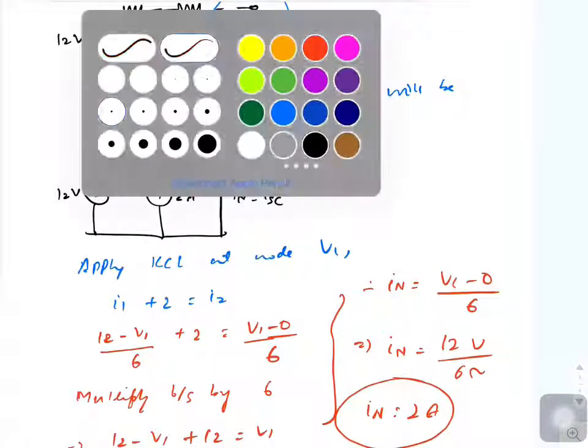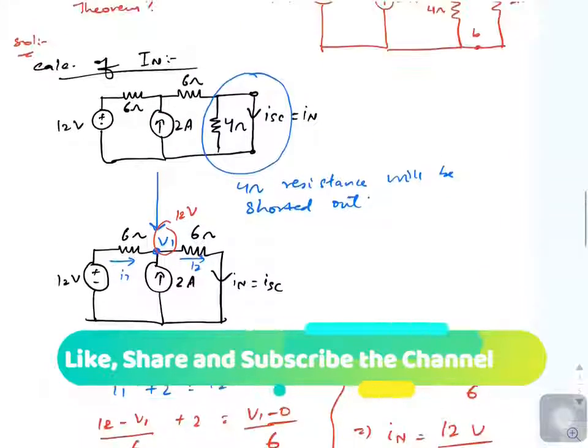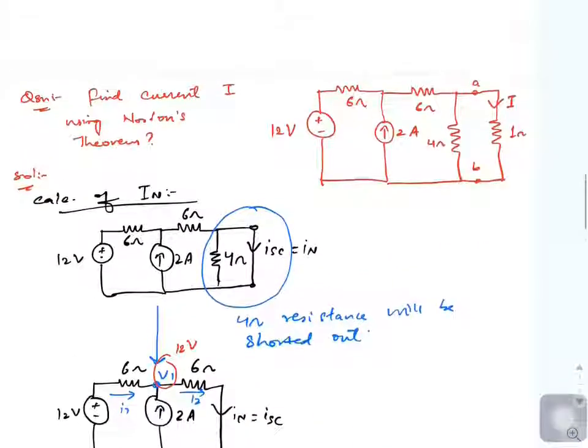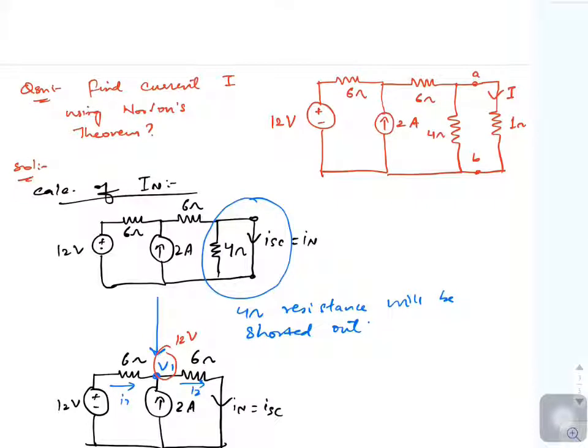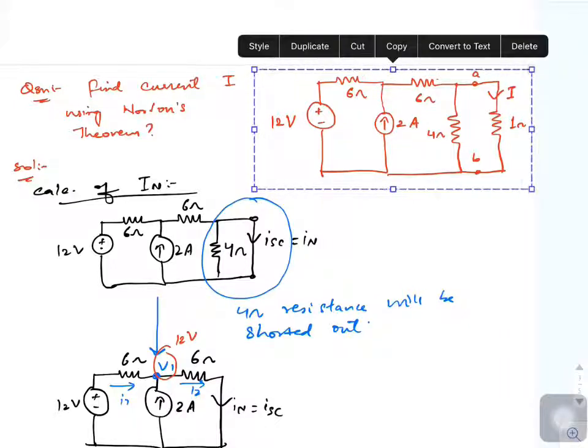Now second thing is we have to calculate the R Norton, and I already told you it is same as the RTH calculation. So I will again repeat it, although if you have seen the previous videos, you should know what answer we must be expecting.